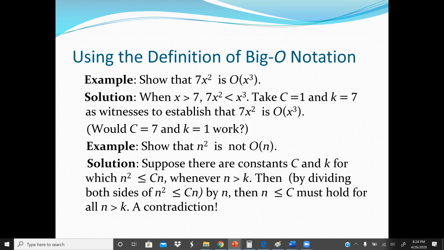Suppose there are constants c and k for which n squared is less than or equal to cn whenever n is greater than k. Then by dividing both sides of n squared less than or equal to cn by n, n will be less than or equal to c, which must hold for all n greater than k. And this will be a contradiction. So will c equal to 7 and k equal to 1 work? It will not work.